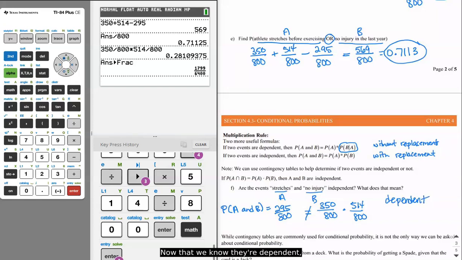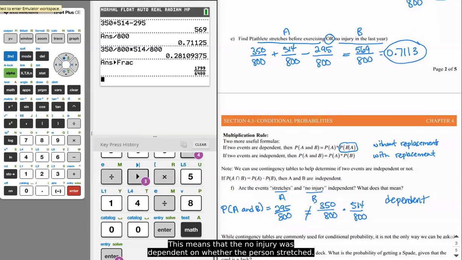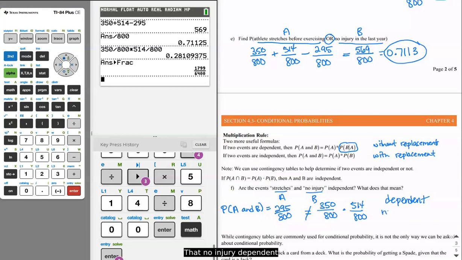All right. So now that we know they're dependent, what does that really mean? This means that no injury depended on whether the person stretches.